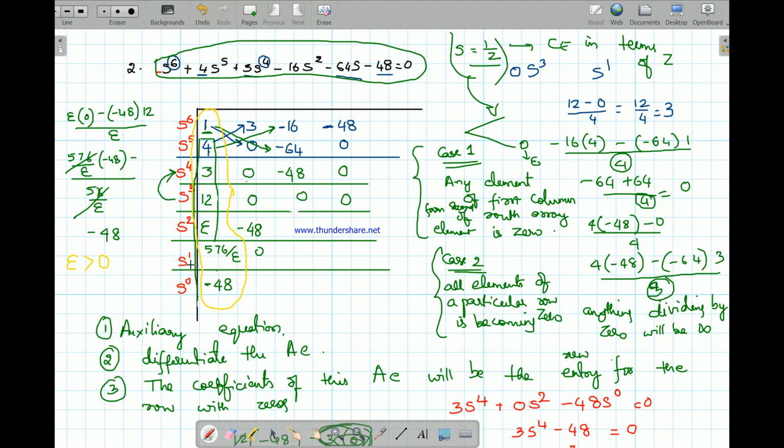But you see the last value of the first column of the Routh array is minus 48. So if epsilon is greater than 0, this element is positive, this element is positive, but you have one sign change here, because this is plus and this became minus. So therefore you have one sign change.